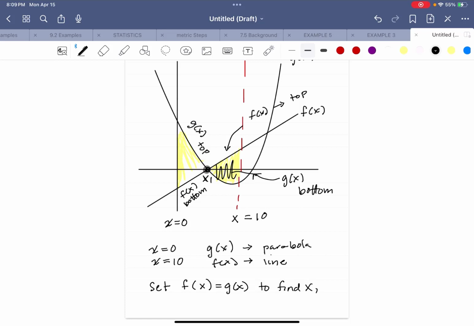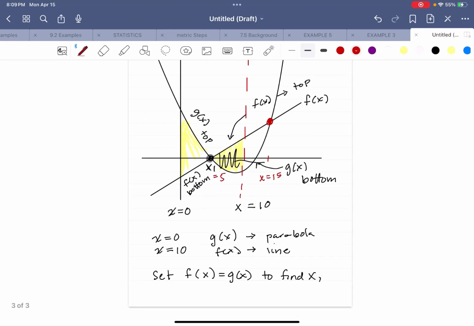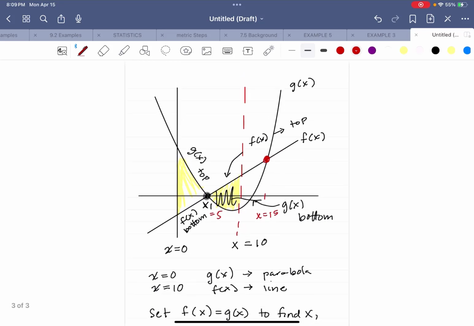Now, you'll also find this point, but look, this will be out of range. So this will come up with something like x equals 15 and x equals 5. Okay, so you'll get two answers because, look, they intersect twice, but you'll only use the one that's there. All right, so to do our integral here, we'll set them up here on the top. Area 1.